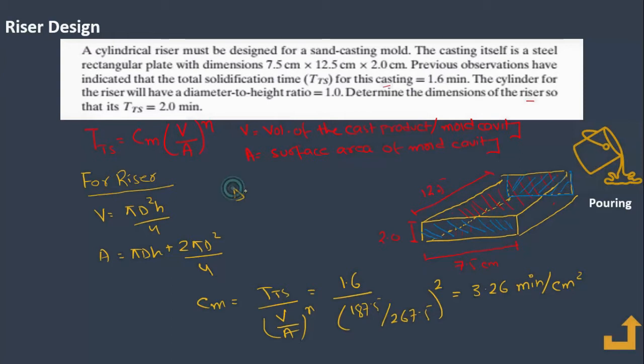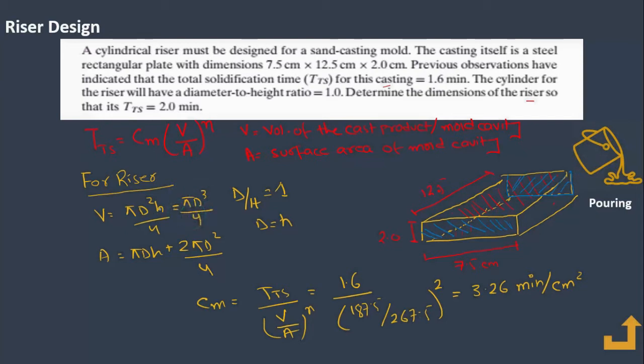It has a d by h ratio equal to 1, meaning diameter is equal to height. So you can just place the diameter equal to height, so we will have the volume equal to pi d cube by 4.